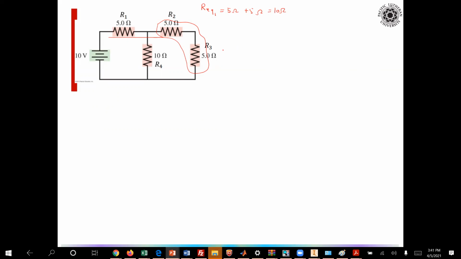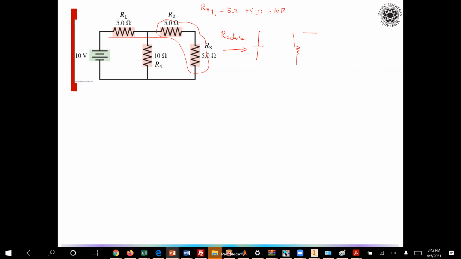So from here, I will use the reduced perspective. So for the circuit shown up here, I have that level. I have the voltage source, and I have R1, and I have here R4, and I have here R equivalent 1 in my case.